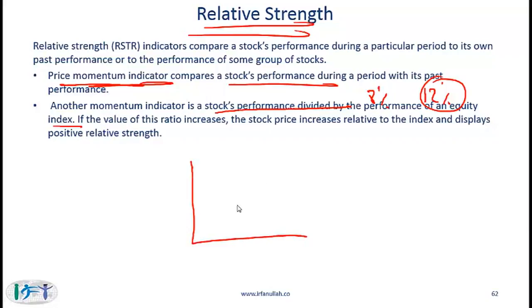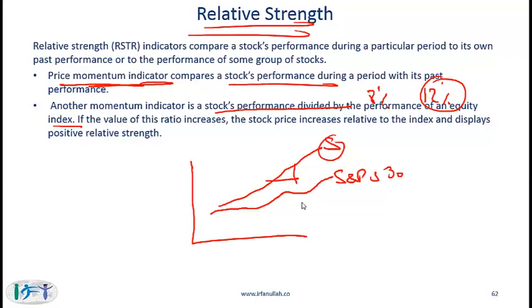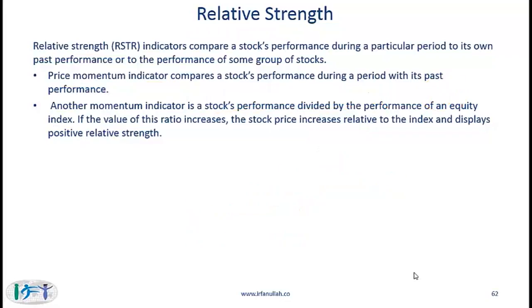Let's say you are in the US market, and the S&P 500, which is a major index, is going up slowly, but a particular stock is going up at a much faster rate, then the rate of growth of the stock divided by the growth rate of the S&P 500 will be more than 1. And that would indicate the fact that the relative strength of this stock is positive or strong.